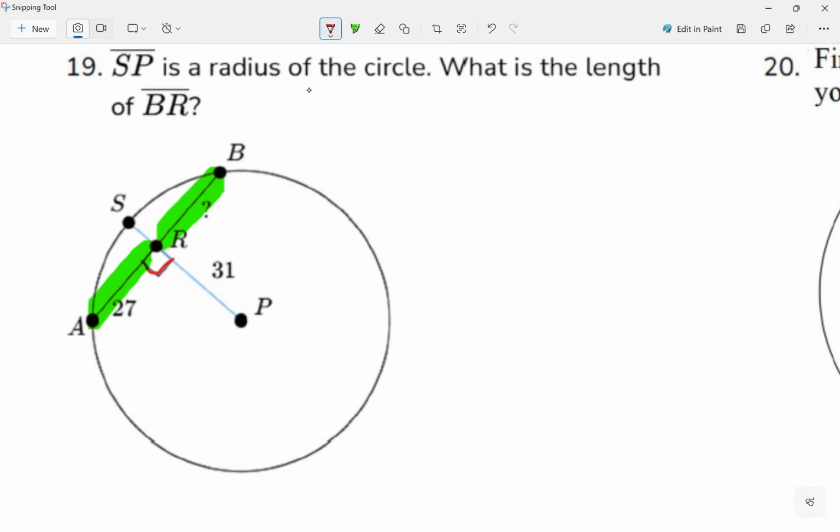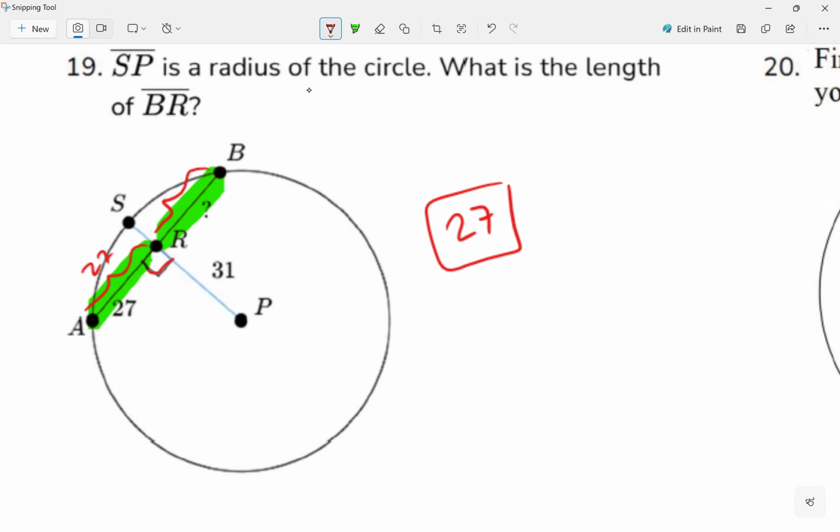I'm asking you for BR, which is just this length. But I know this length right here is 27. So shouldn't I say that BR is also 27? Yeah, that simple. That's how we're going to work that one. Remember, the chord gets cut in half.